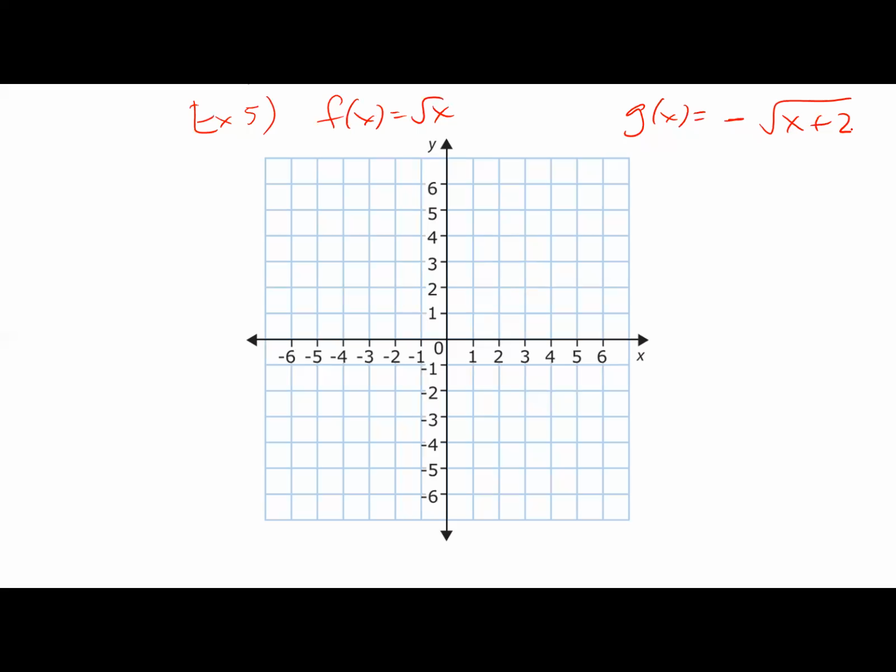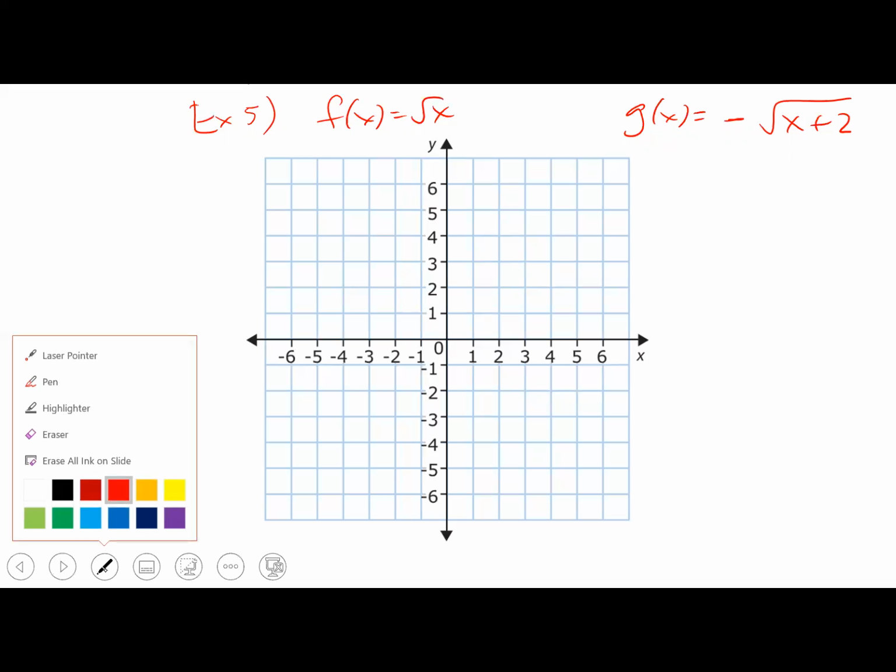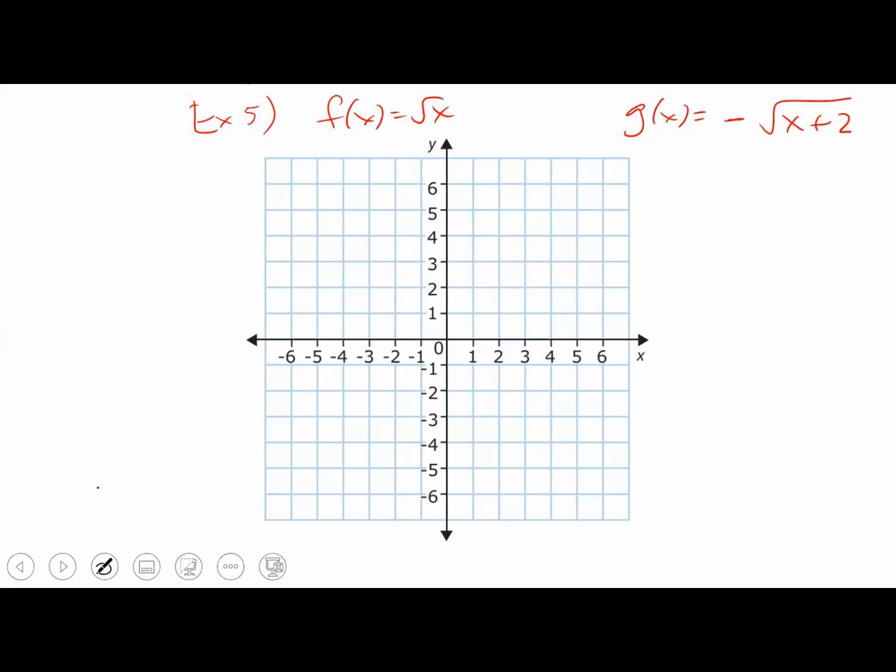So yes, you are supposed to graph the original function first, f(x). You graph that one, and then you graph the corresponding g(x). You're going to get very used to the square root function here. The square root function gives you this. Now we've got to figure out what these are.